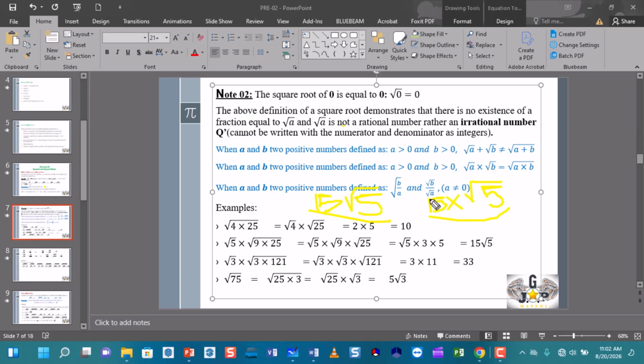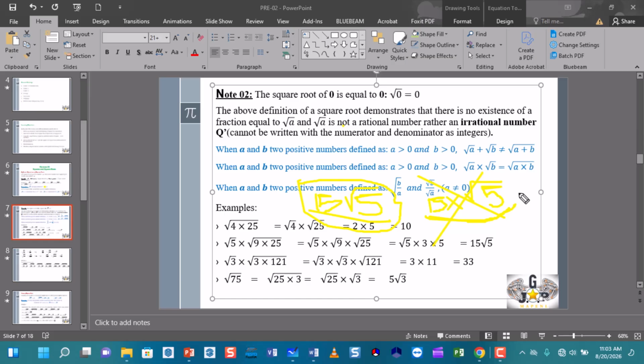Or you write it as 15 times square root of 5. In mathematical symbolism, this is acceptable. This is what is required, how to write it. This is acceptable, yes, but as you go through different grades as your level progresses, writing like this for some teachers might be considered wrong.